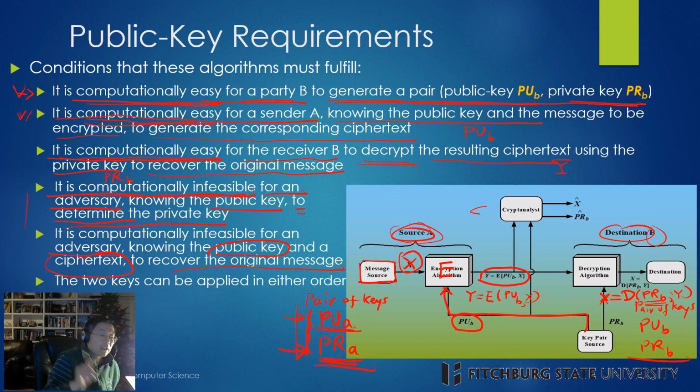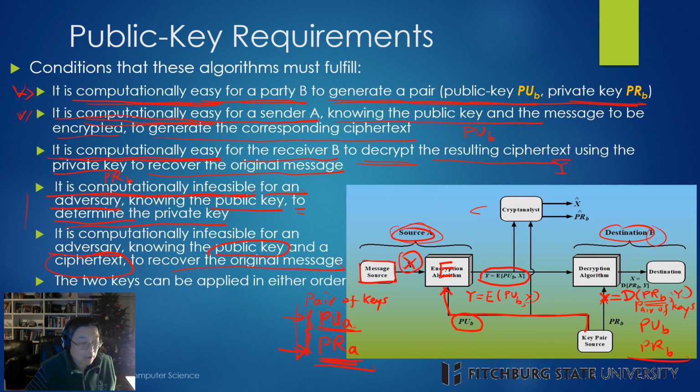Now, what's the difference between impossible and computationally infeasible? Impossible means no matter how much time and effort you put in, it's always impossible to decrypt the message. Computationally infeasible means even though in theory you can decrypt a message, it will take you like 1,000,000 years or 1,000,000,000 years to do the job.